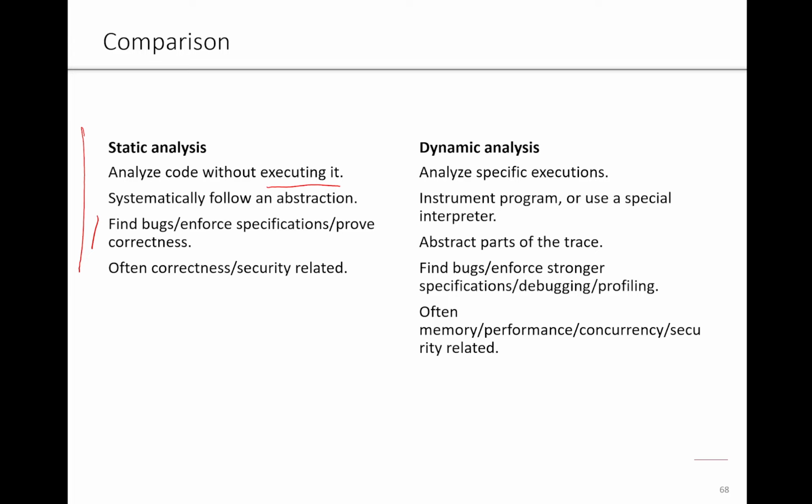Therefore, you don't have to run the code. You just check what kind of functions are used. You check for which functions some security issues are known, and then you highlight it to the user so that the user can react. So this is the static analysis, not running.